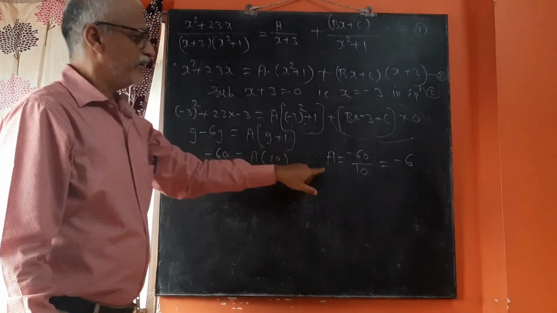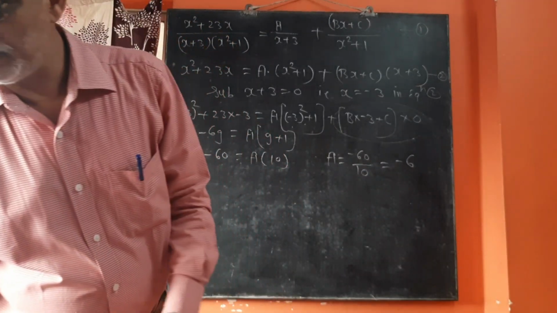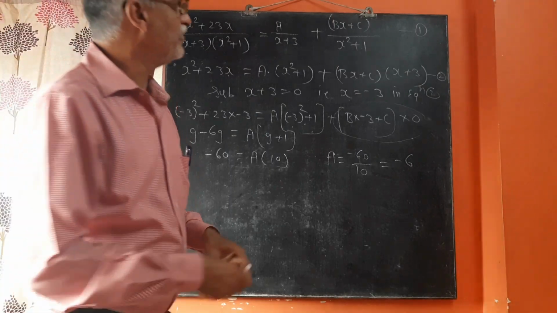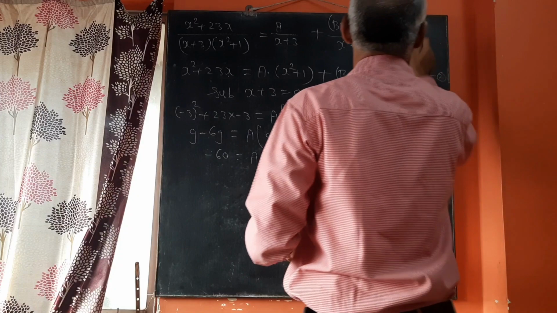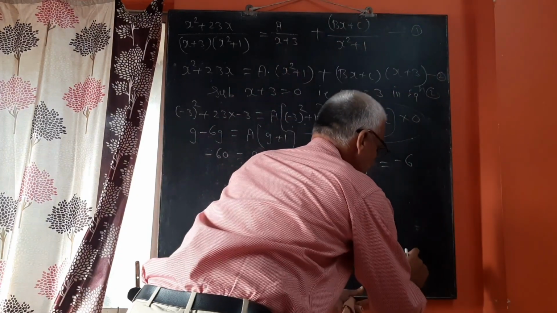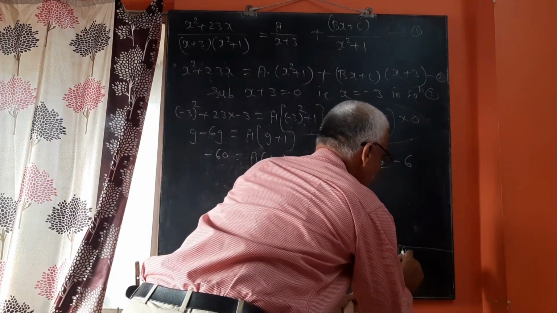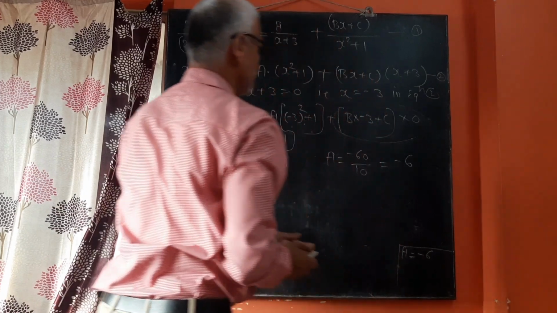So we have got the value of A equals minus 6. I write down the value of A here: A equals minus 6.